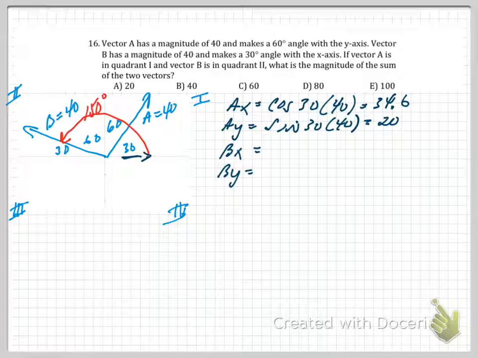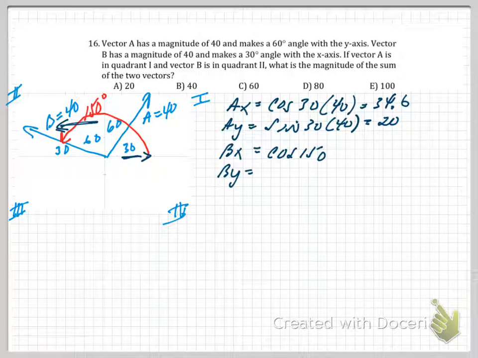All right, so now in the x direction, it's going to be the adjacent side. So it would be cosine 150 times 40. That's negative 34.6.